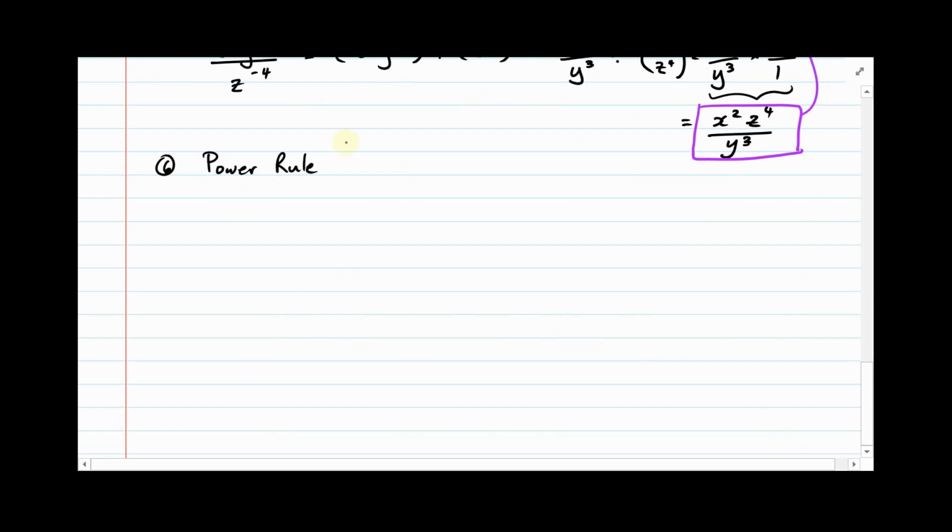Okay. So what is the power rule? The power rule says if I have a to the m and I raise it to the nth power, this would be a product of the powers. Let's look at it by example. So if I had, say, a cubed and then squared, well, using the outer power here first, remember that would mean I need 2 copies of whatever was in the bracket.